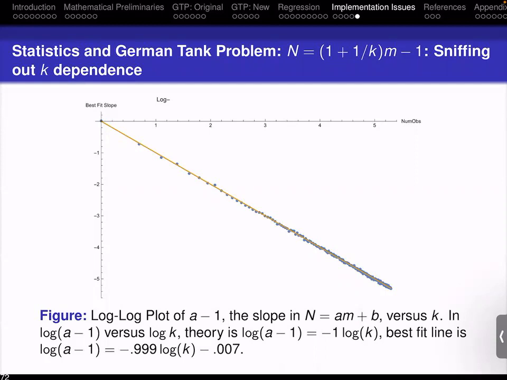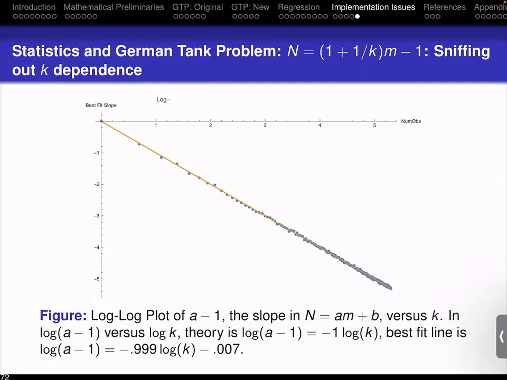So I plot the log of A minus 1, essentially the log of the slope, against the log of k. And so the best fit line I get is the log of A minus 1 equals negative 0.999 log of k minus 0.007. It's a nice coincidence that you have the James Bond number arising here.